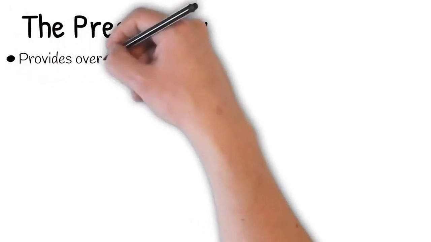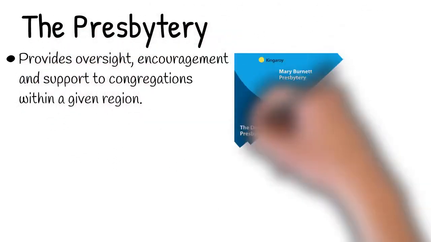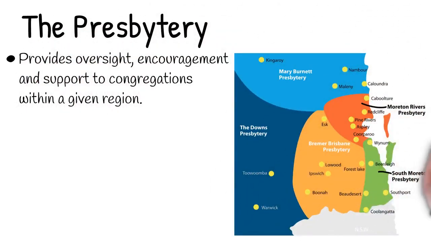If we look a bit wider, the next sort of council we have is the Presbytery. And the Presbytery is the part of the church that provides oversight and encouragement and support to congregations within a given region. So you can see the picture on the right that shows the different presbyteries in the southeast corner, and we're part of South Moreton Presbytery.